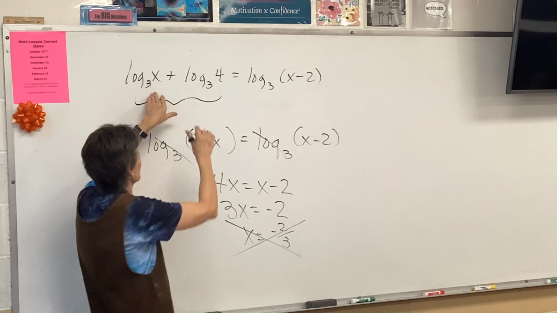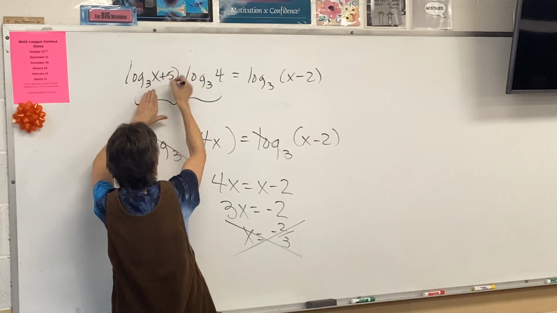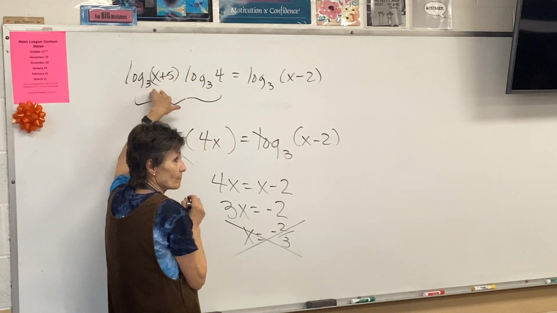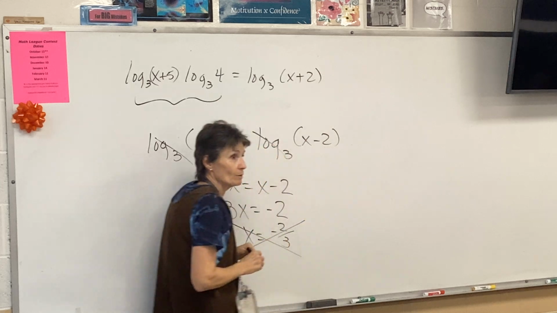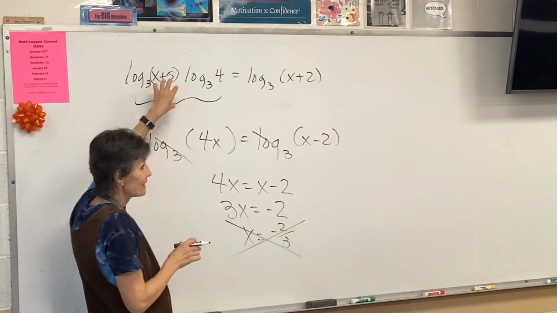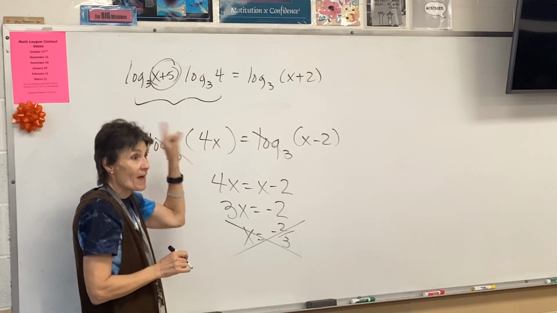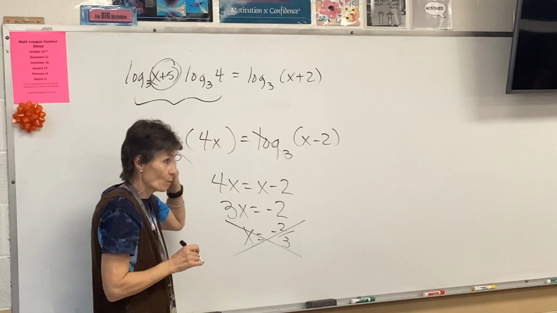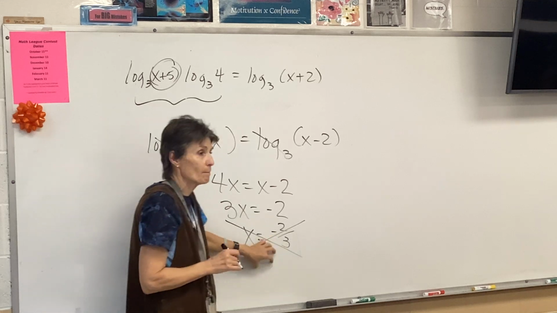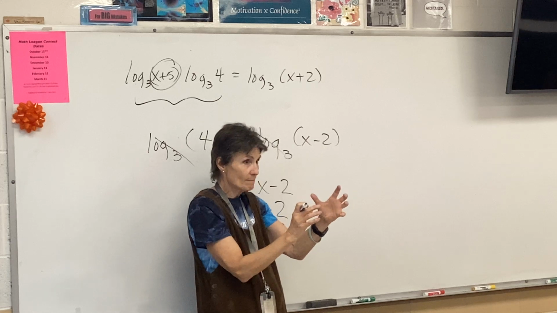Suppose instead of being x, this had been x plus 2. Then we're fine. Because when I plug it back in, this would be positive. That's what can't be negative. It's not the number itself, it's when you plug it back in.